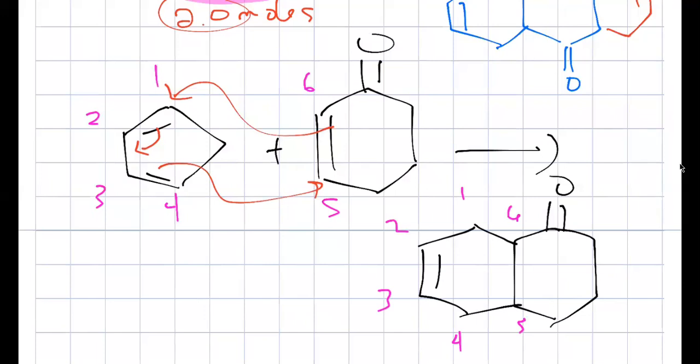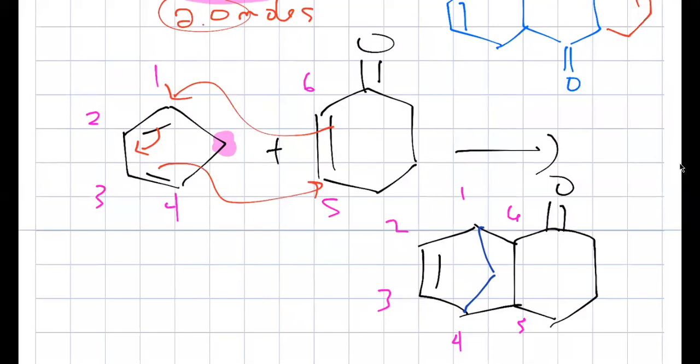Now, where is this carbon here in relation to 1 through 4? It's between 1 and 4, and those bonds didn't get touched. So I'm going to draw that in like this, here and here, right? That's the 2D depiction of it. Are you following? Anybody not see that?